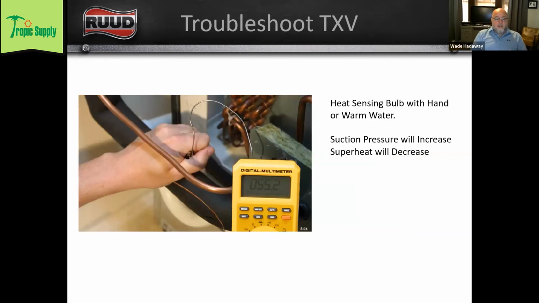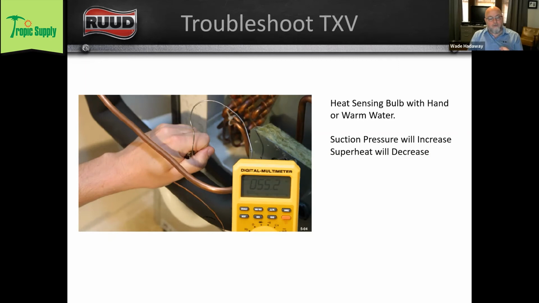So if you disconnect the expansion valve bulb, disconnect the sensing bulb from the suction line, you can either hold it in your hand, put it in a cup of ice water, or put it in a cup of warm water. If you change the temperature of that bulb, it's going to change the way that the valve drives, and you will see a pressure change and a superheat change.